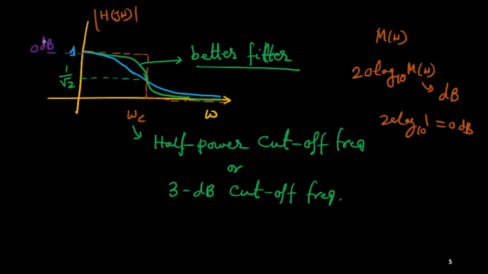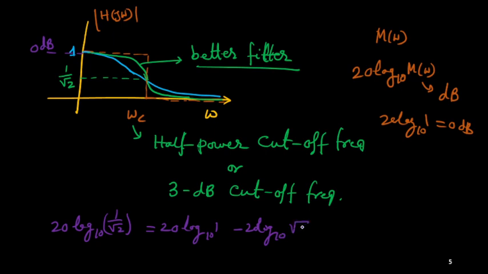Gain 1 corresponds to 0 dB, and when the gain is 1 upon square root 2, what is the value? 20 log base 10 of 1 upon square root 2, which is 20 log 1 base 10 minus 20 log base 10 square root 2.